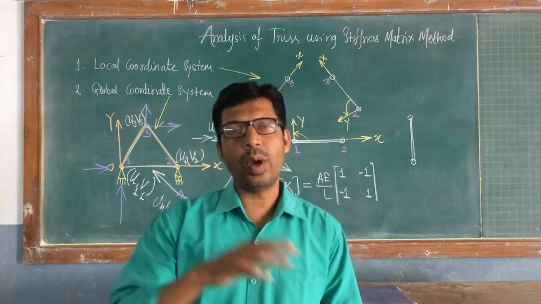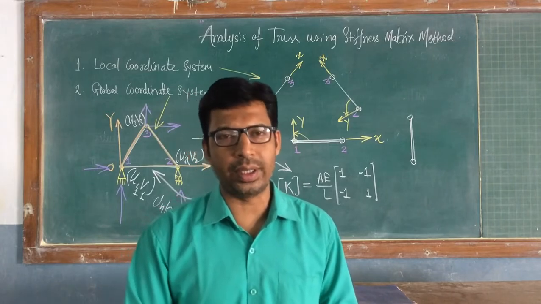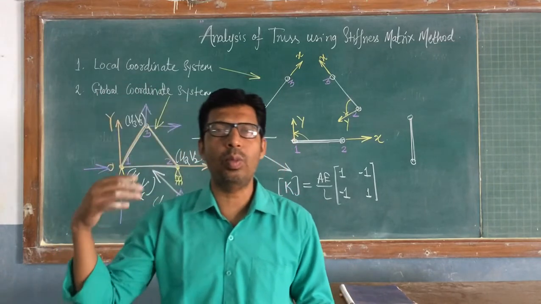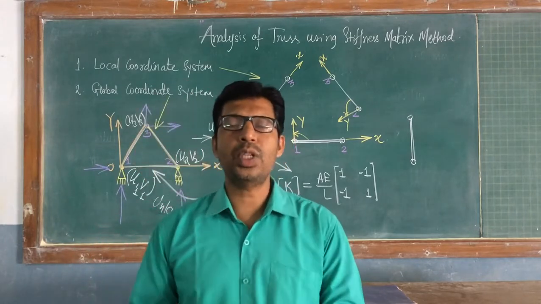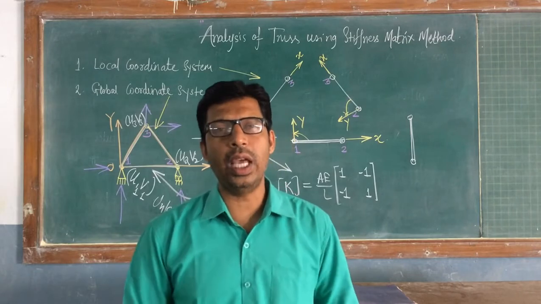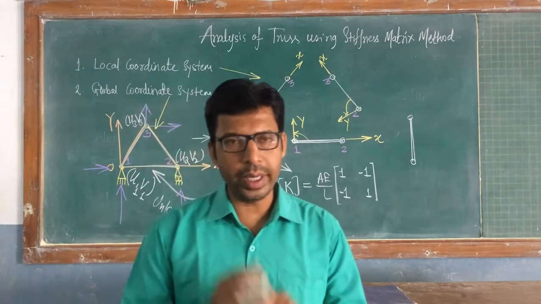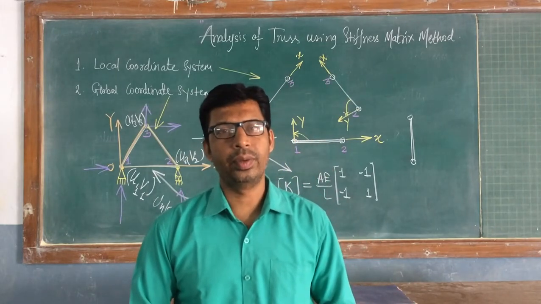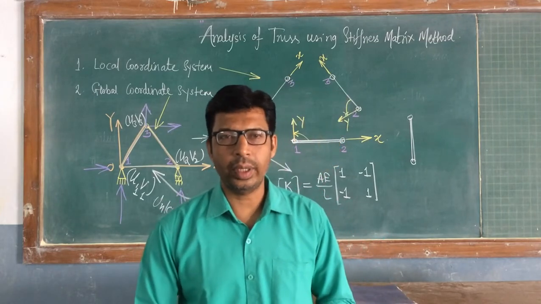So we have to transform the unknowns or stiffness matrix from the local coordinate system to the global coordinate system. That transformation is done with the help of a transformation matrix. So now we have to derive the transformation matrix for the truss element. That transformation matrix we will derive in the next class. Okay, thank you.